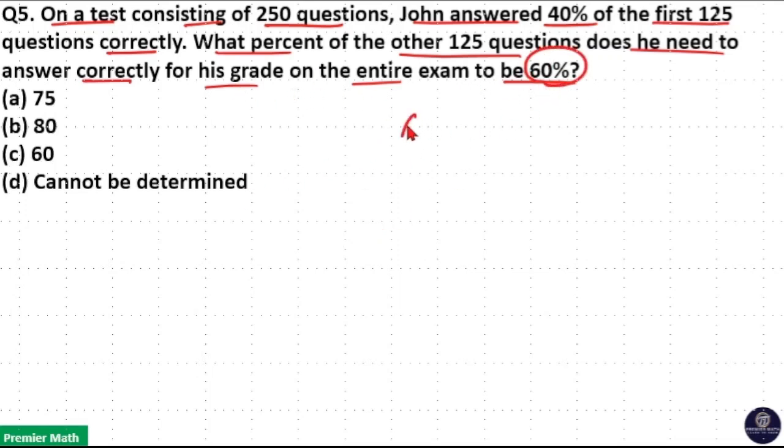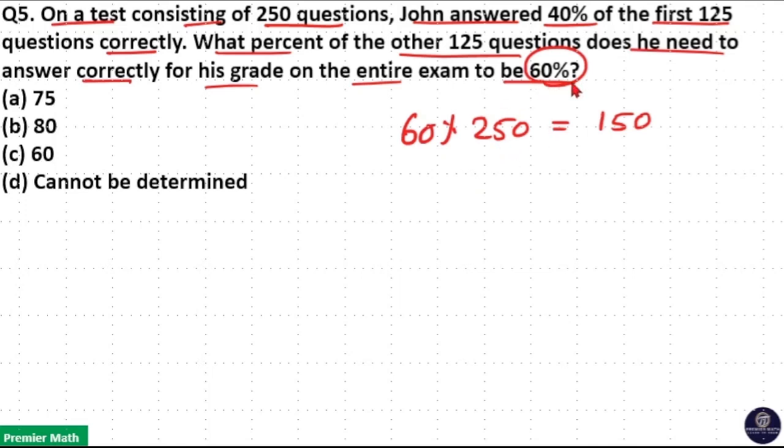That means he needs to answer 60% of 250 questions correctly to get 60% on the entire test. Here, 10% of 250 is 25. That means 60% is 6 into 25, which is equal to 150. So, he needs to get 150 questions correct out of 250.